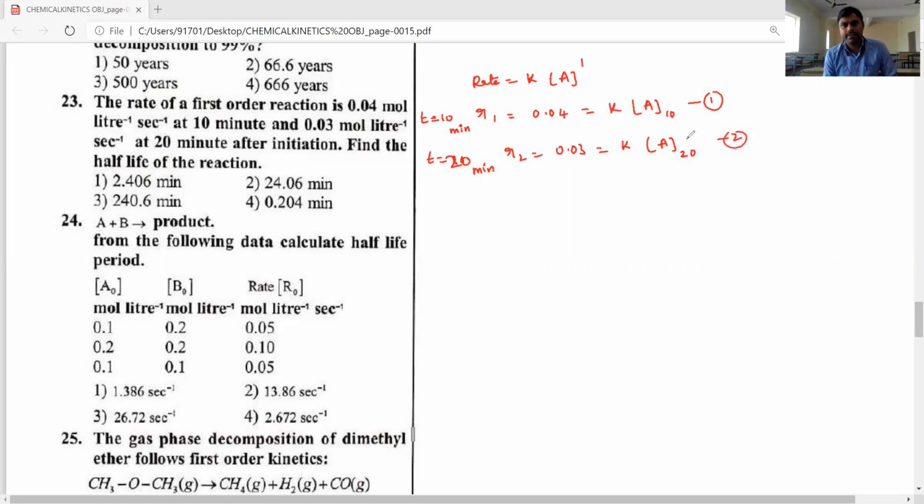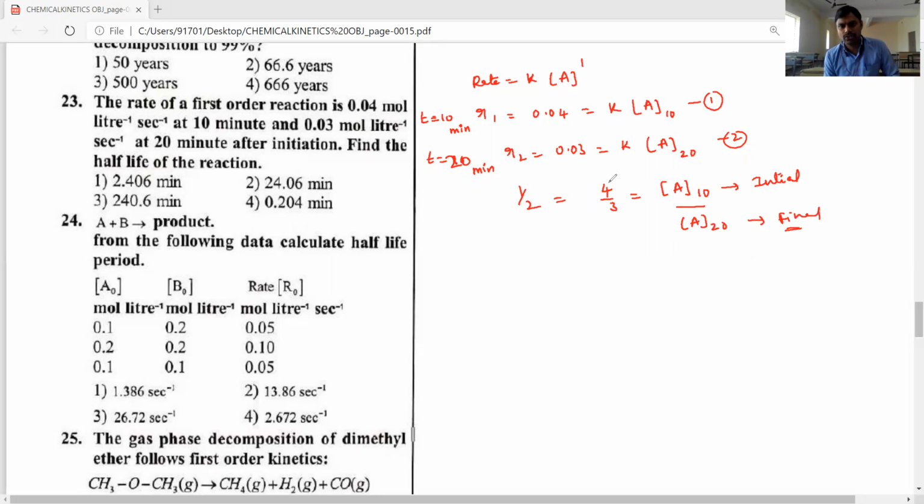From equations 1 and 2, 1 divided by 2 gives 4 by 3, which equals the concentration of A at 10 minutes by the concentration of A at 20 minutes. This is the initial concentration and this is the final concentration.